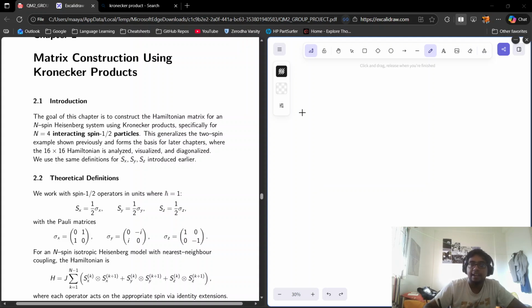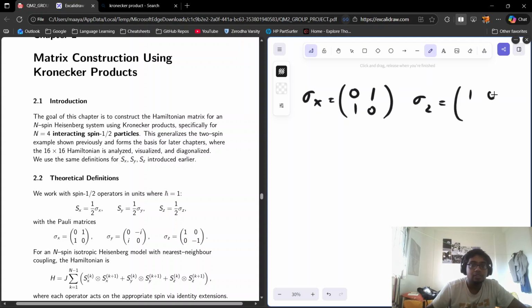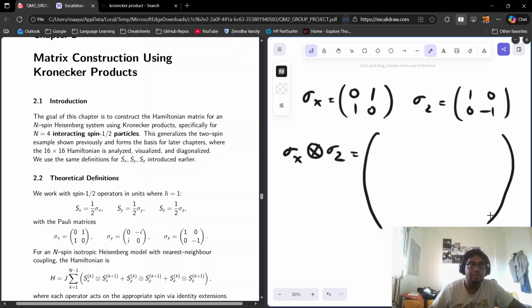For example, let's say that we have sigma x equal to 0, 1, 1, 0, and sigma z equal to 1, 0, 0, minus 1. All right, so then we'll be defining the Kronecker product, sigma x circled cross sigma z, as a huge matrix where we're going to explicitly state out block elements.